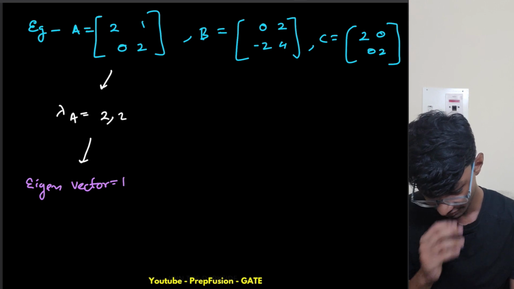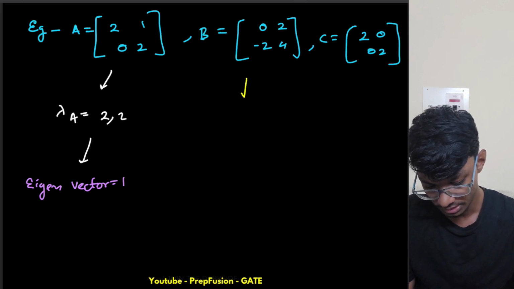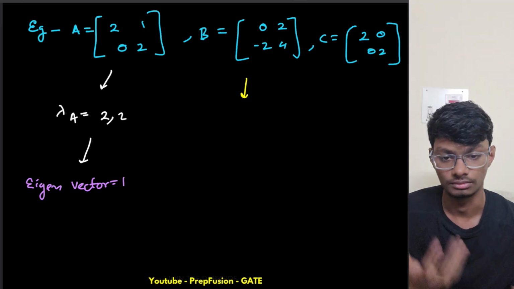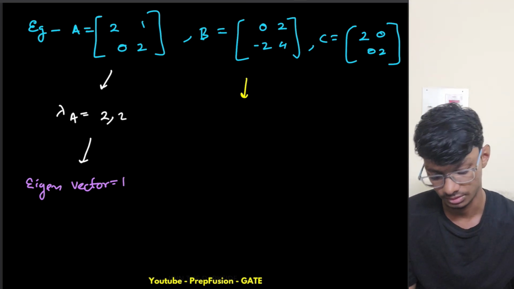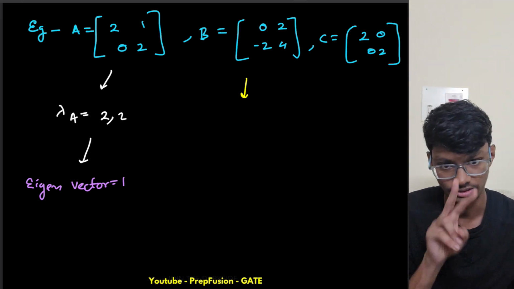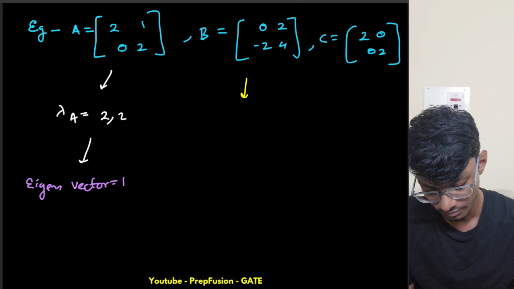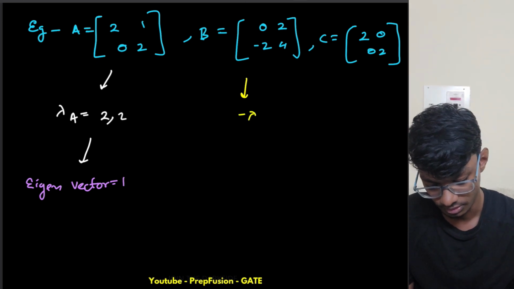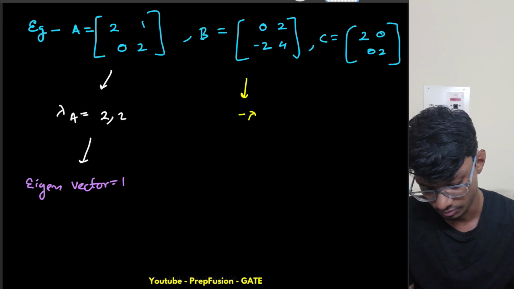Now, what are the eigenvalues of this one? If I solve this, you can see 2, 2, but still let's solve this for you. So this is 0 minus lambda. Okay, what I will do is the opposite one.